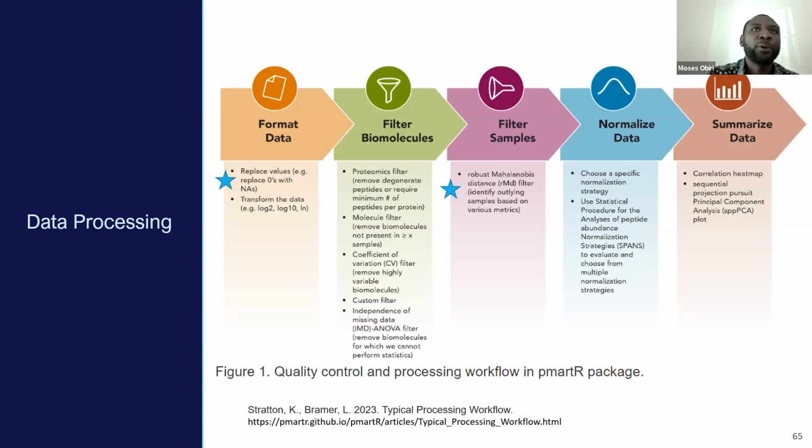There are also functions to summarize your data, where you can display various correlation plots, like the correlation heat map. And there are also multiple principal component methods like sequential projection pursuit principal component analysis and Bayesian principal component analysis that can be used to summarize your data set.